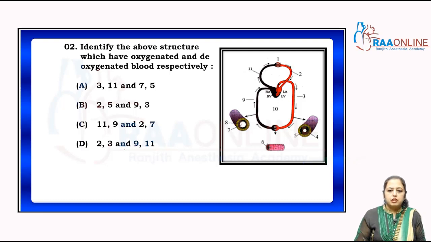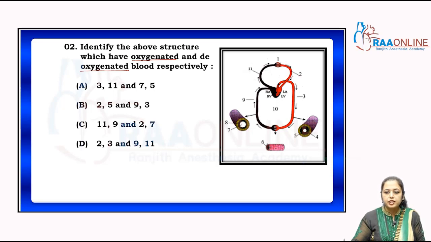Identify the structures which have oxygenated and deoxygenated blood respectively. You can see that 2 is the pulmonary vein and the other is the pulmonary artery. First we have to recognize the oxygenated blood and then the deoxygenated, not deoxygenated and then oxygenated.